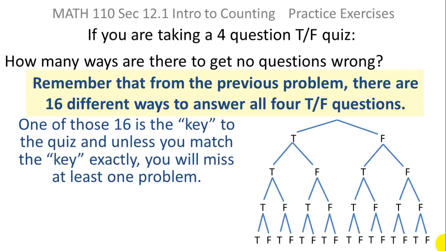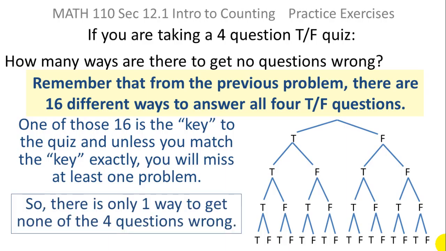Think of the instructor as having a key to the quiz. There's only one combination of answers that is right. So there's only one way, obviously. One of those 16 branches is the key, and the rest of the 16 are wrong. So there's only one way to get none of the questions wrong.